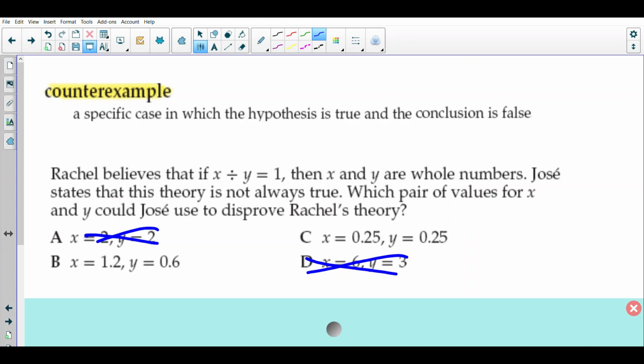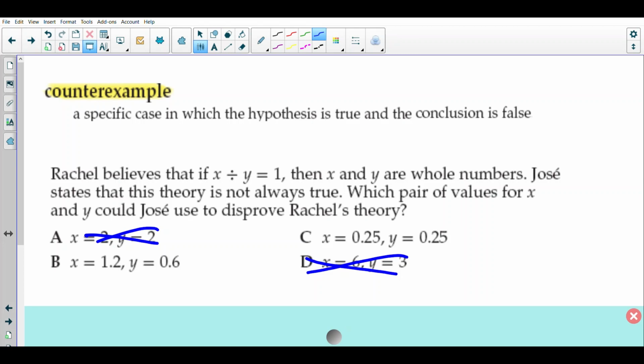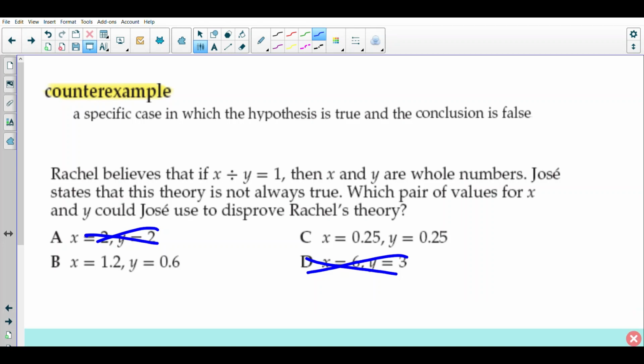So then, remember, we need the hypothesis to be true. So in B, we have 1.2 divided by 0.6. Well, that's 2, so it doesn't equal 1. So the hypothesis in that one is false. But 0.25 divided by 0.25, that is 1. So our answer is C. x equals 0.25, y equals 0.25, because when you divide them, you get 1, and they're both not whole numbers. And when it comes to counterexamples, you only need one case, one example.